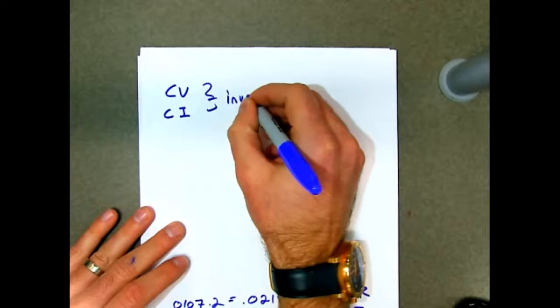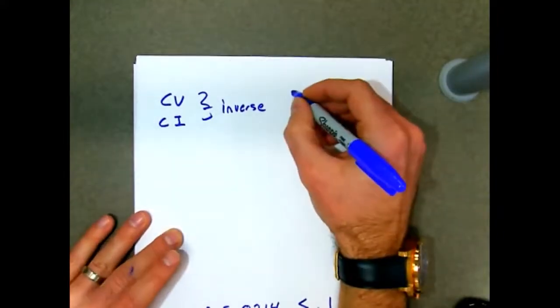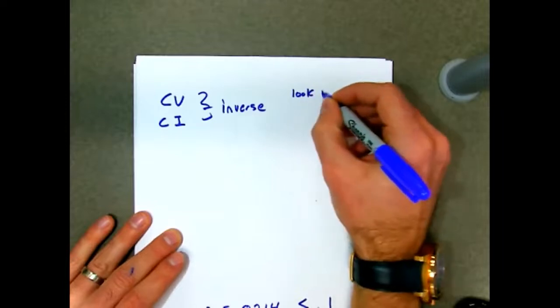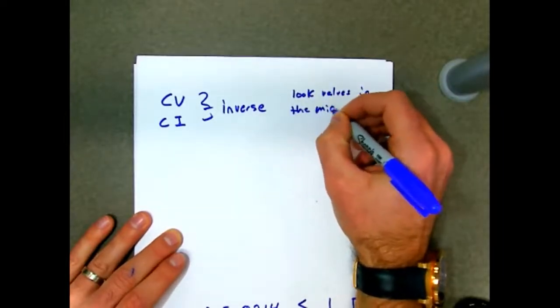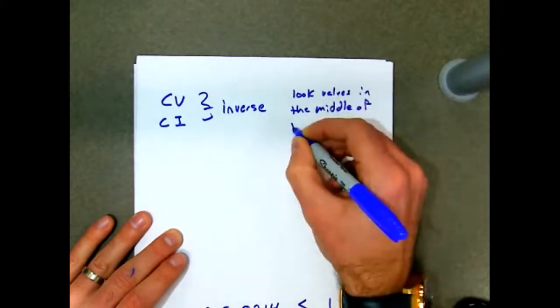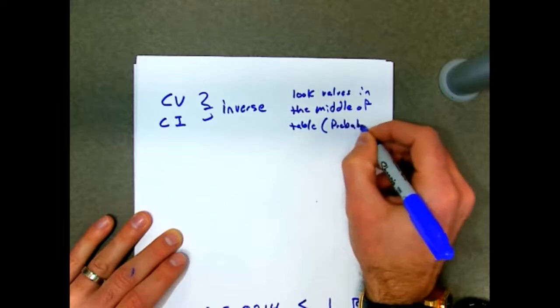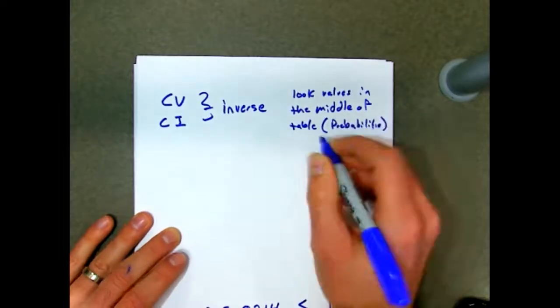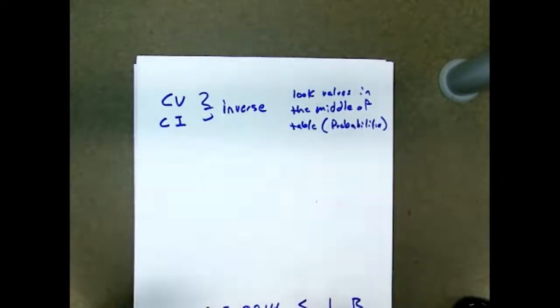So this is what we kind of call the inverse process, right? So here you were looking up values in the middle of the table, or said differently, you're looking up the probabilities or whatever you want. That's not spelled even closely correct, but you know what I mean there. So probabilities that you want in that tail, right?